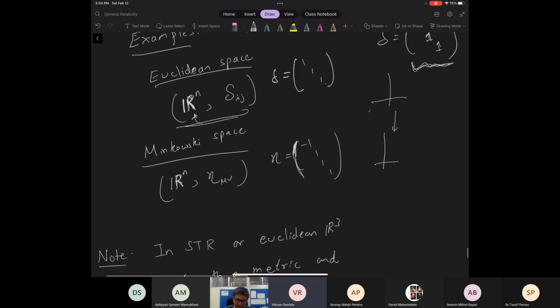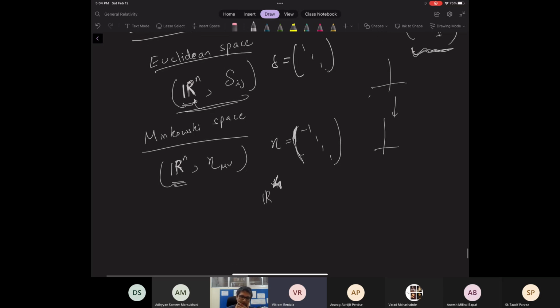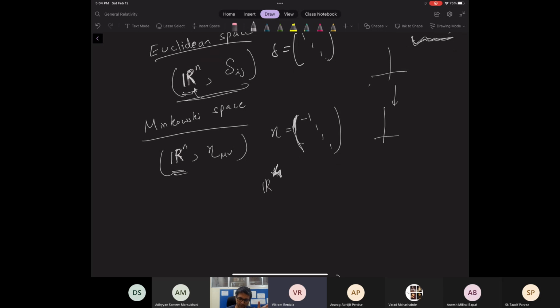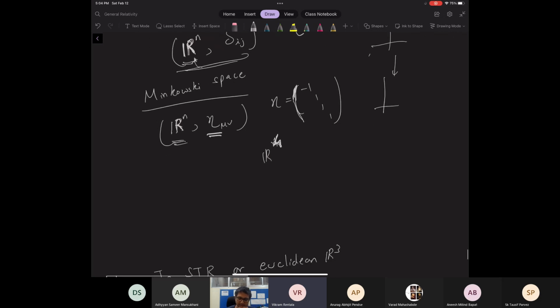Now, Minkowski space that you're familiar with in special relativity is topologically just Rn. The topology of the space is just Rn, so it's the same topological space as Euclidean space. Of course, we're considering 4-dimensional spacetime rather than 3 dimensions. Topologically, it's the same. The metric is different: the metric is -1, 1, 1, 1.